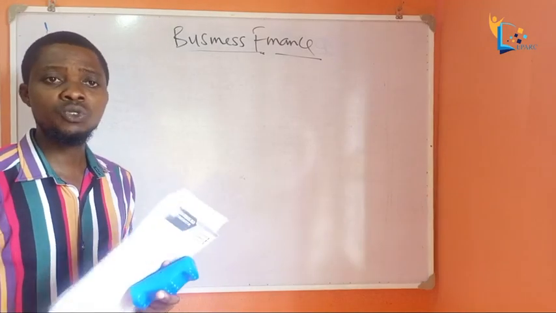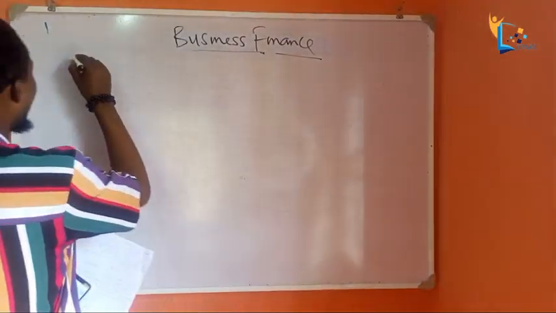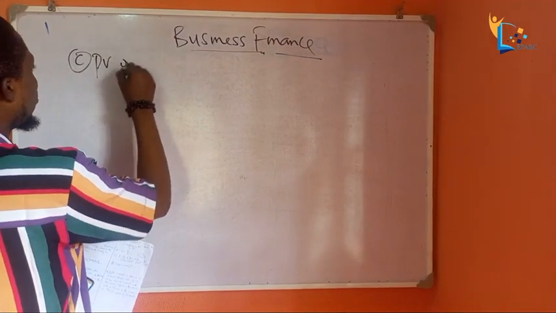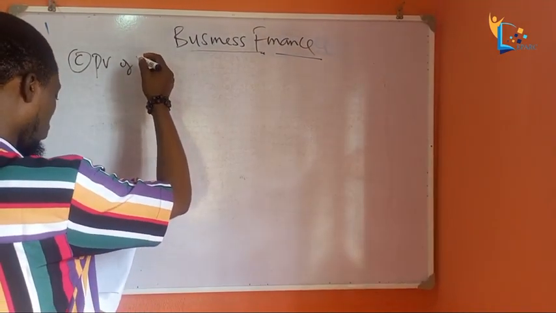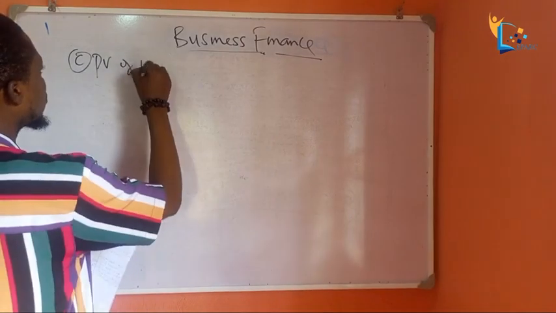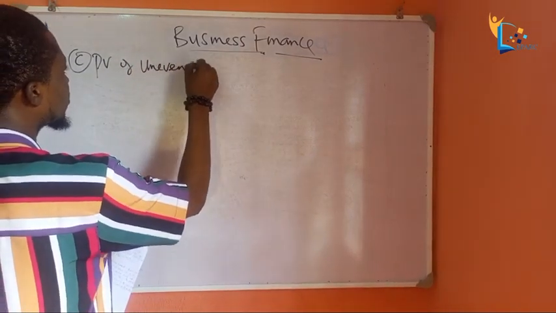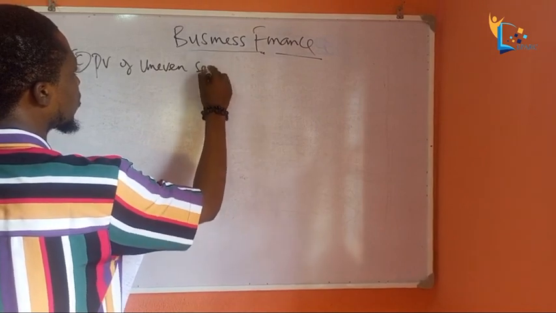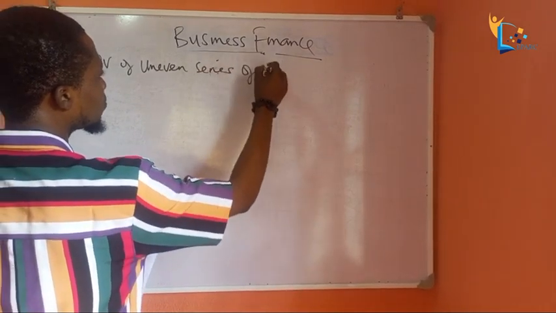Let's go. So the next one is present value of uneven series of receipts.